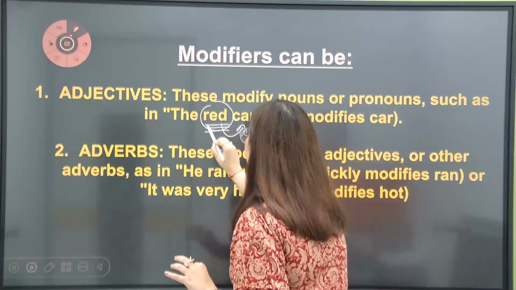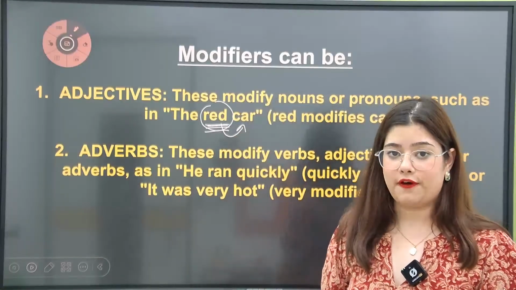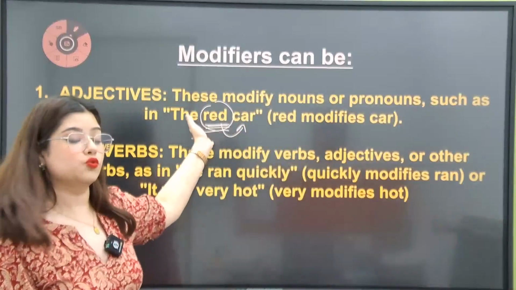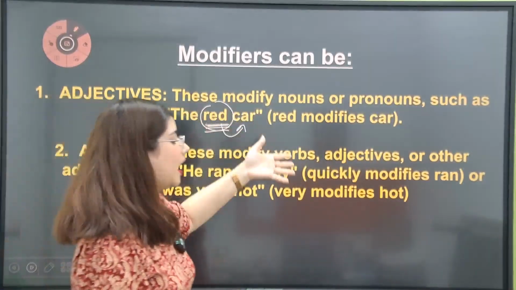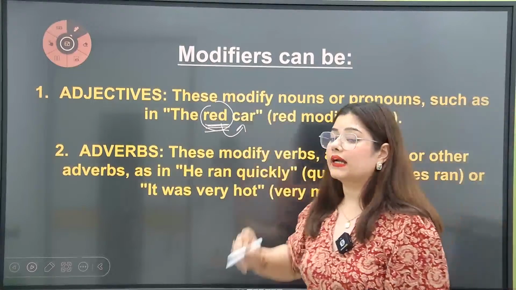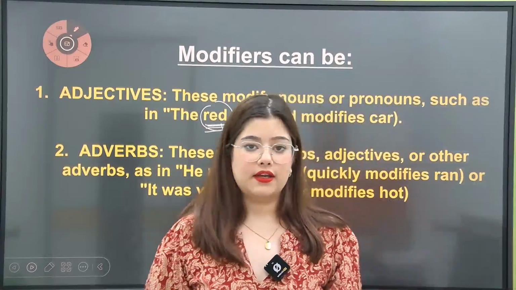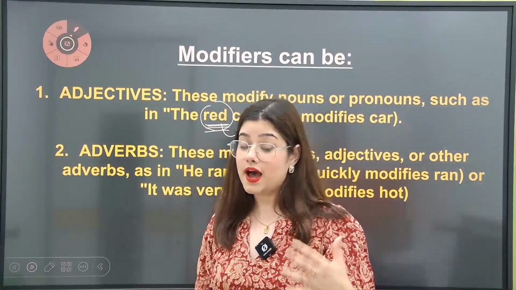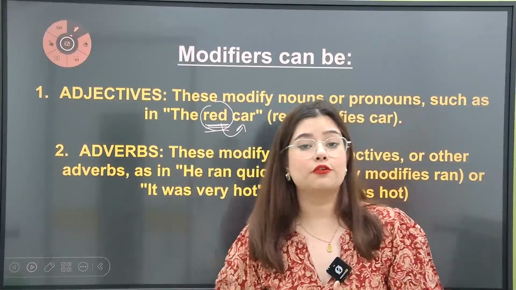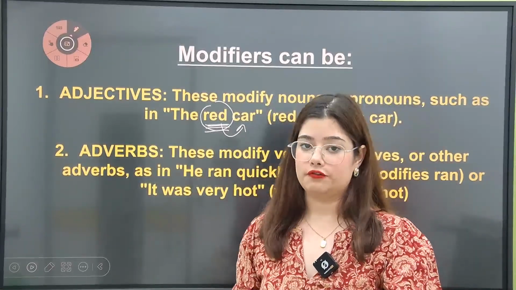So red here acts as a modifier, and red is an adjective that is used here. It is telling us something extra about this car. And what is that extra information that it gives? The color of the car.